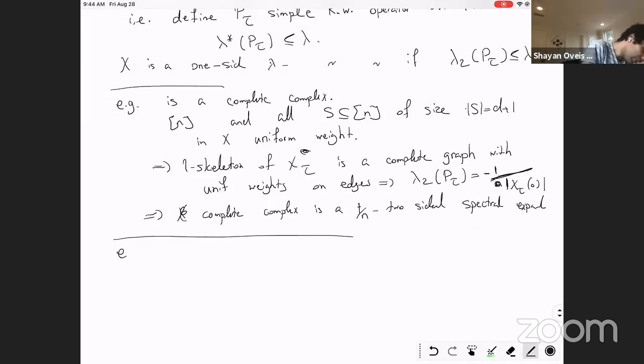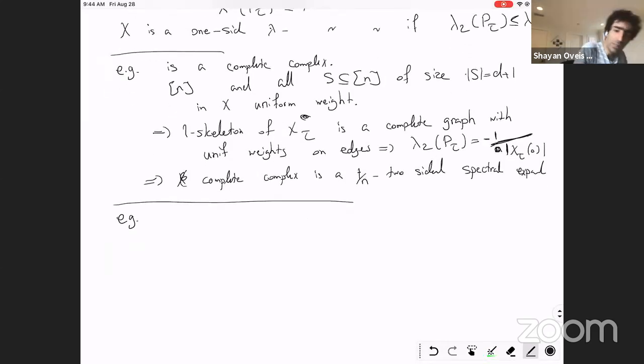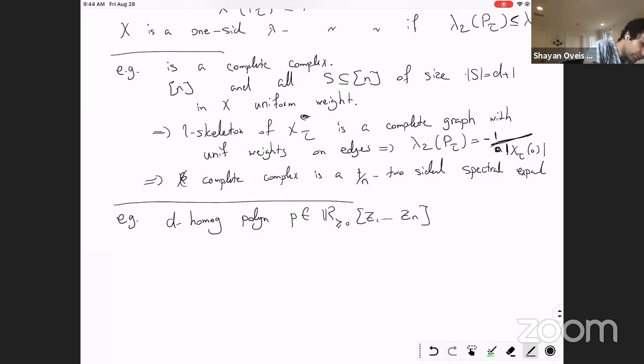Another example. Let's say you have a homogeneous polynomial P, actually let's say d plus 1 homogeneous.